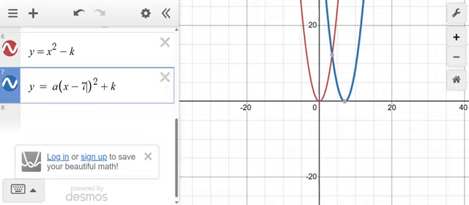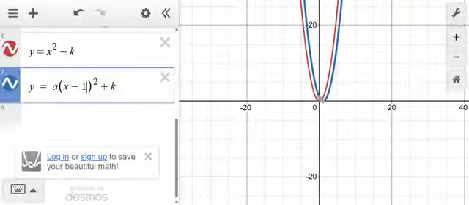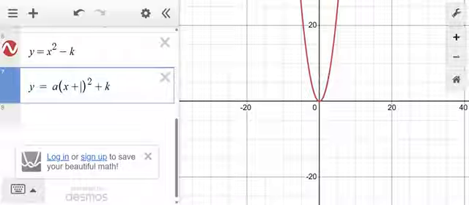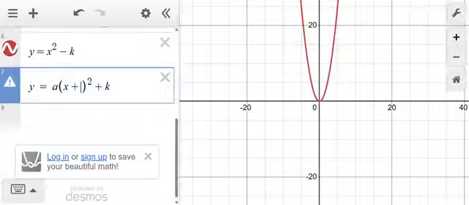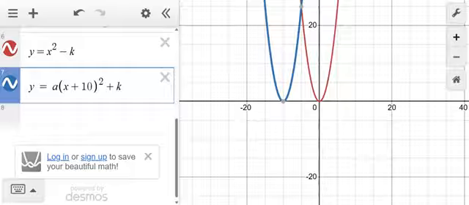If I go -10, where's it going to go? Show me with your hand. What if I do +4? What if I do +100? Off the charts. Bye-bye.